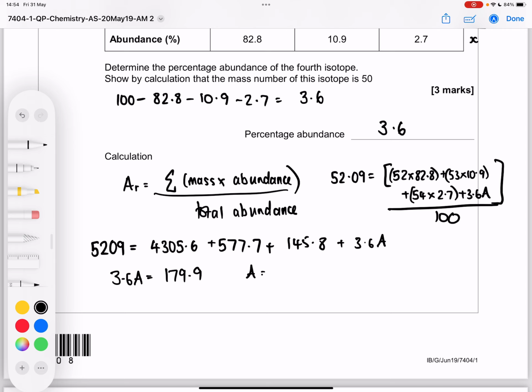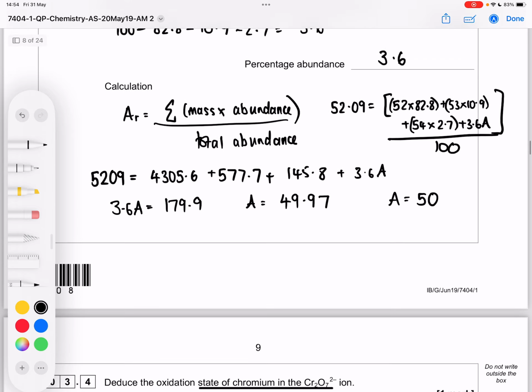So our number A, if we divide that by 3.6, we're going to get 49.97. So it says show by calculation that this is 50. It does round up to 50 to the nearest whole number, mass number being a whole number.